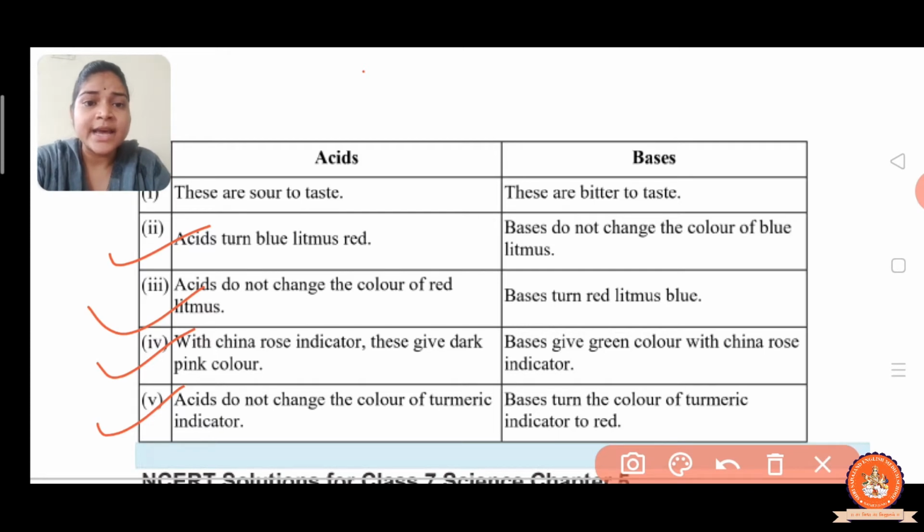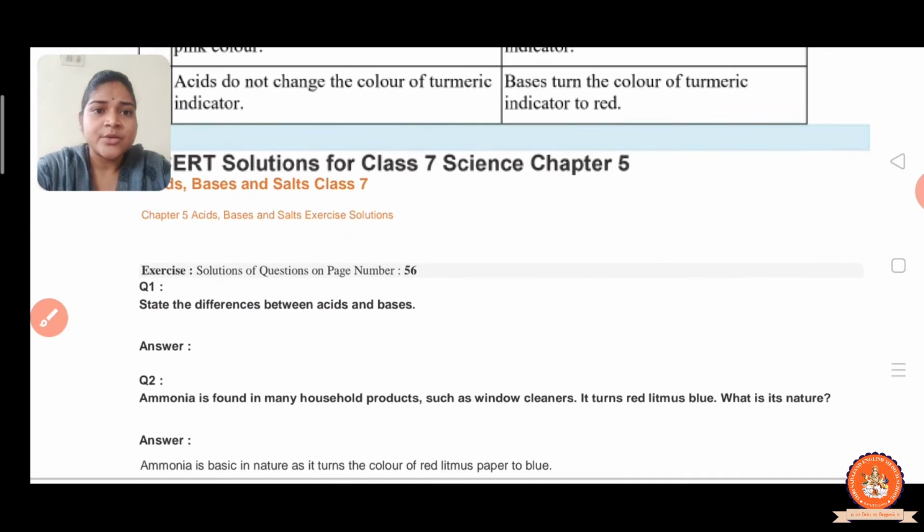So the point is: acid does not change the color of turmeric indicator, but bases turn the color of turmeric indicator to red. So this is answer number one, right? Note it down in your book.